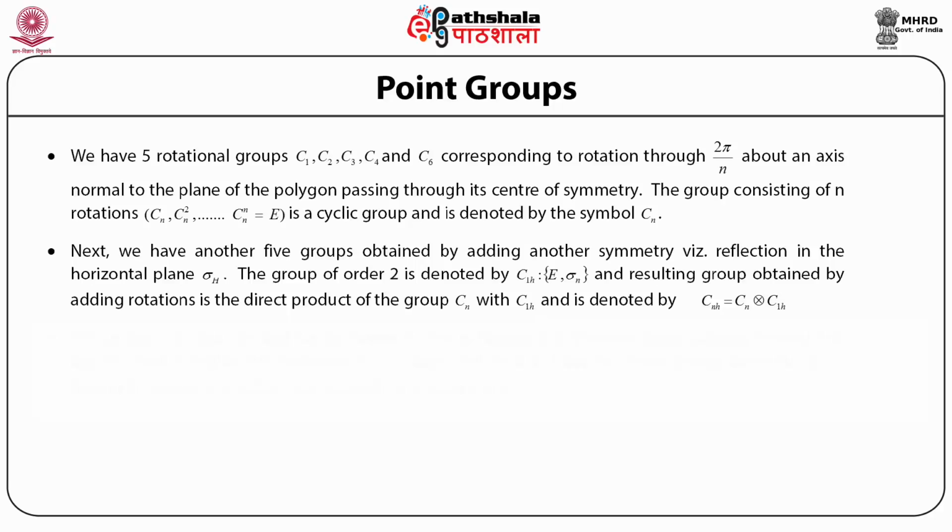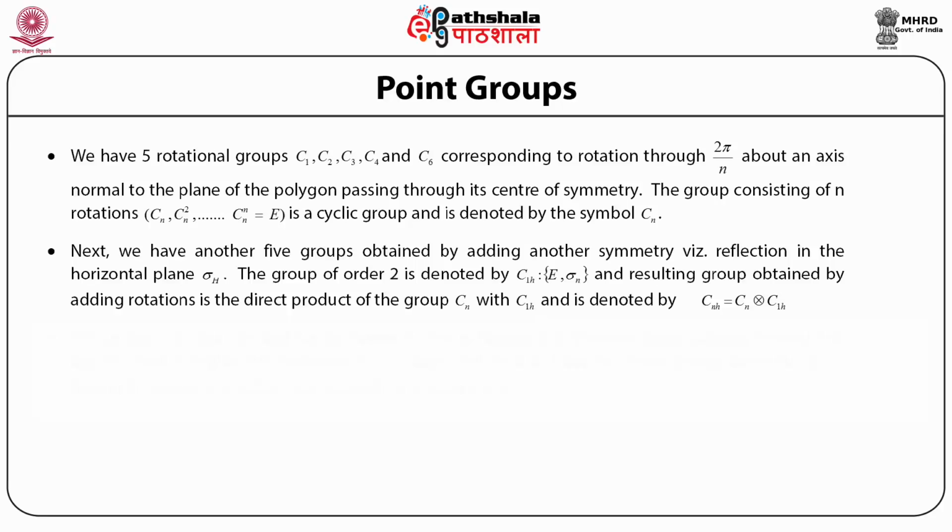E is the identity, sigma h is the reflection in the horizontal plane. Then the resulting 5 groups obtained by adding reflection are obtained by the direct product of the group Cn with C1h, and this is denoted by CNH, which is a direct product of Cn and C1h.